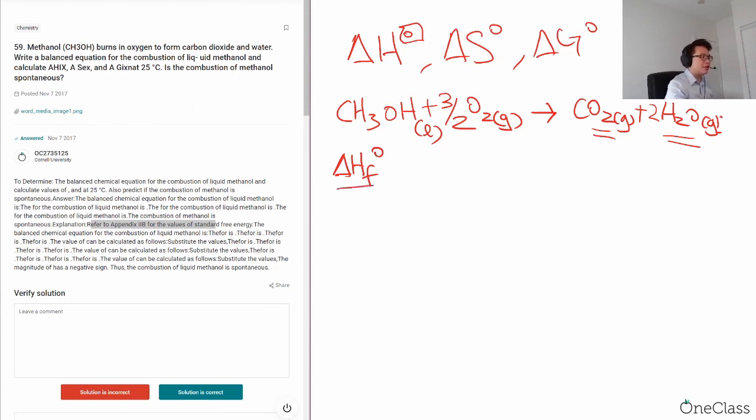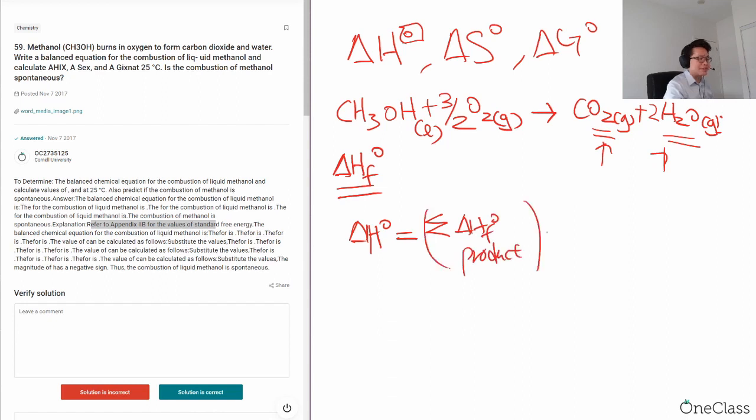When you can find all the delta HF from the individual chemical species, the delta H naught of the reaction, what we are looking for, will equal the sum of the delta HF for our products minus the sum, this is called sigma, just a sum, of the delta HF of our reactants. And then you will have your number.